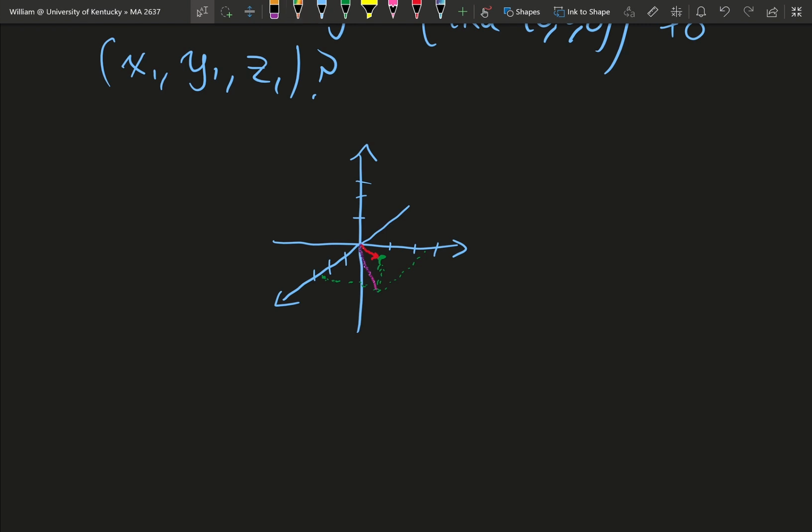Well, if I look at this point, I haven't moved in the z direction at all. So the distance from the origin to this point is still going to be the square root of x1 squared plus y1 squared.